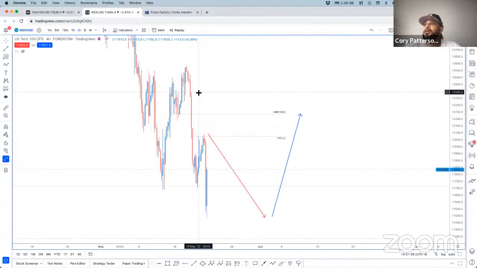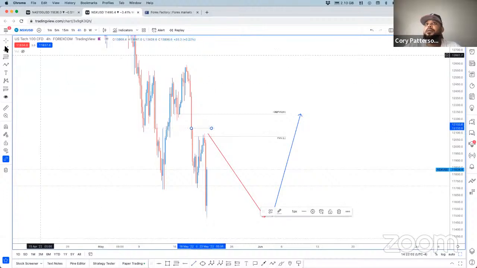And then here, NAS look a little different because we can also come into this. We got this imbalance right here. That's the daily order block and imbalance. And then on the 4-hour, we got this level right here.